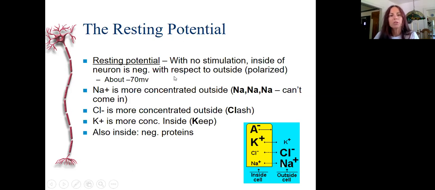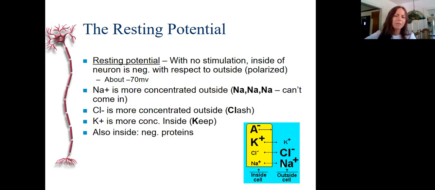So the neuron with no stimulation, the inside of it is negative with respect to the outside. Within the cell body, within the dendrites, within the axon, all of that has a negative charge. We say that that's polarized because the inside is different from the outside, just like North Pole, South Pole. And the charge is about negative 70 millivolts, around there.